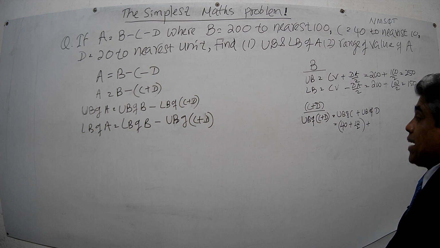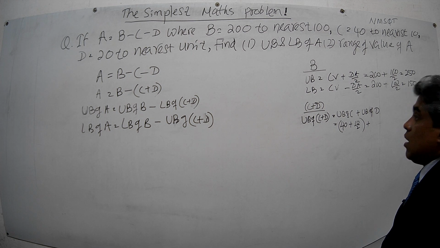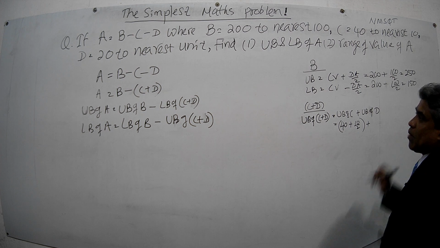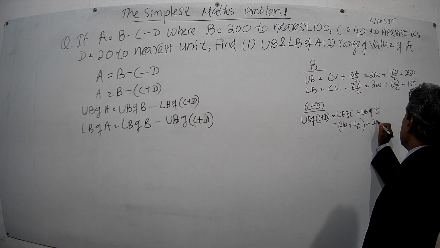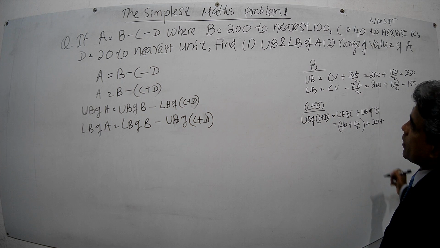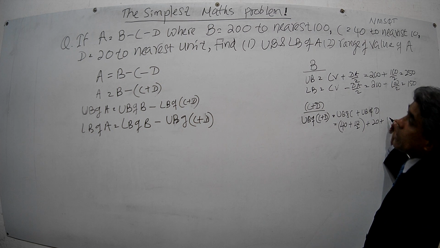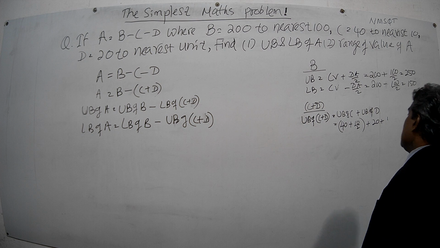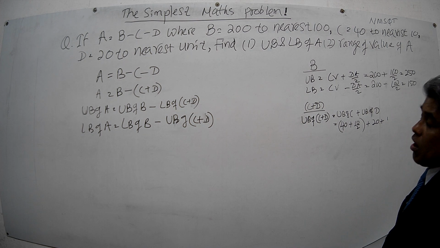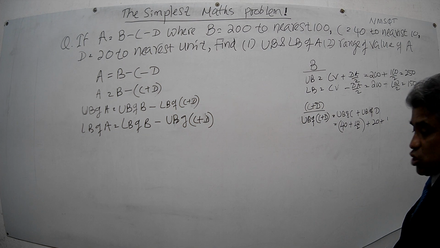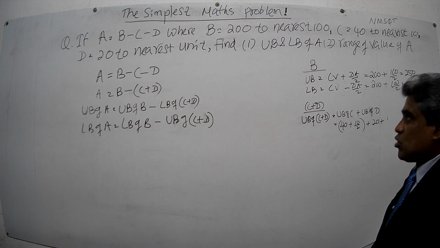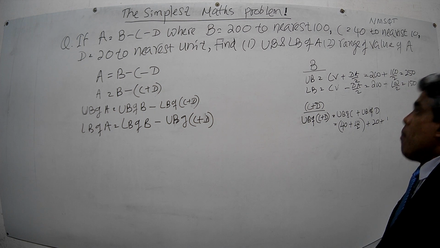That is the formula for finding the upper bound of a single corrected value: corrected value plus degree of accuracy over 2. The corrected value is 20, which has been rounded to the nearest unit, meaning 1. When the degree of accuracy is the nearest unit, the degree of accuracy used in the upper bound or lower bound formula is 1.